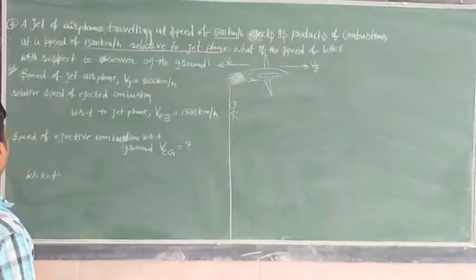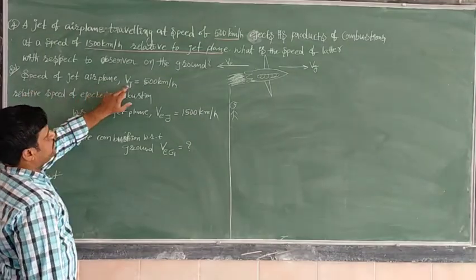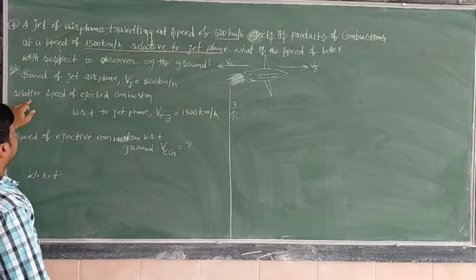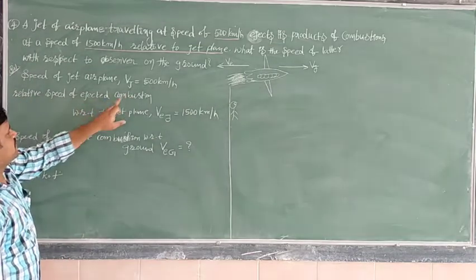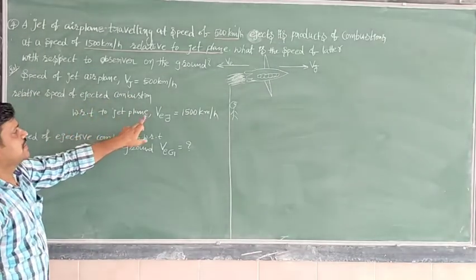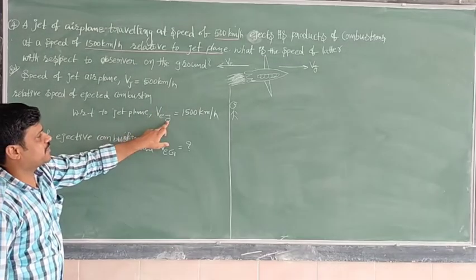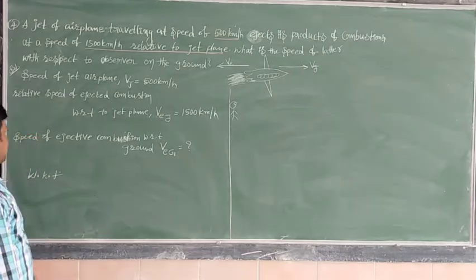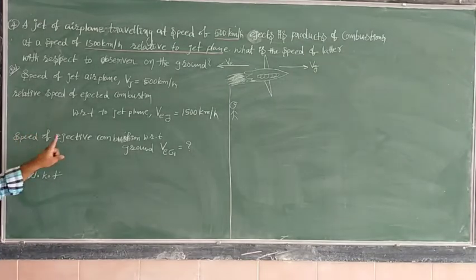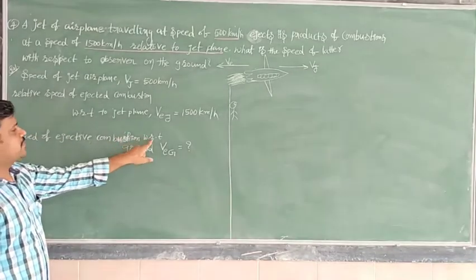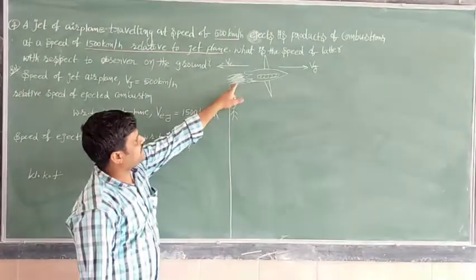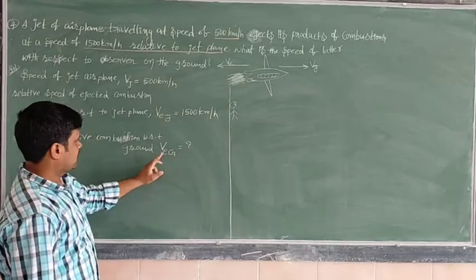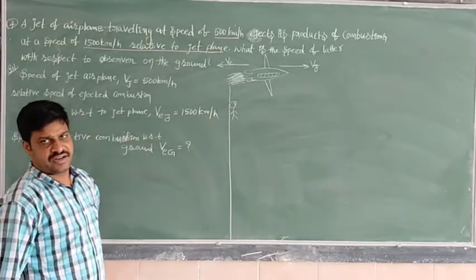First, the speed of the jet aeroplane V_J equals 500 km per hour. Next, the speed of the ejected combustion with respect to the jet aeroplane, V_EJ, is 1500 km per hour. Next, the speed of the ejected combustion with respect to the ground, which I have to find.